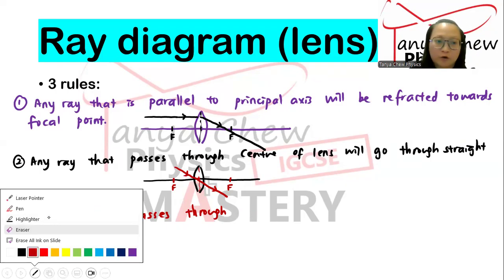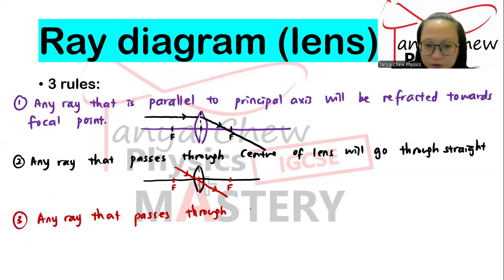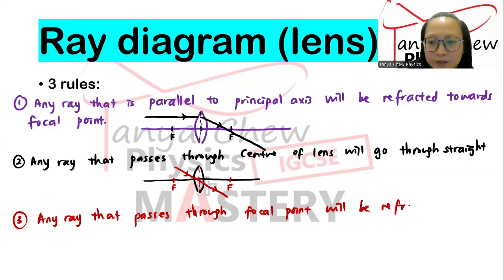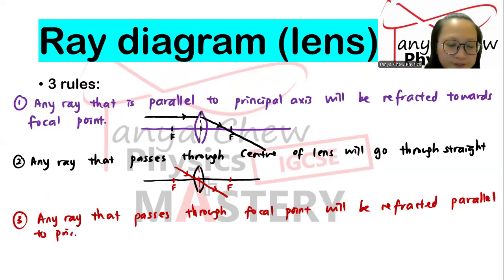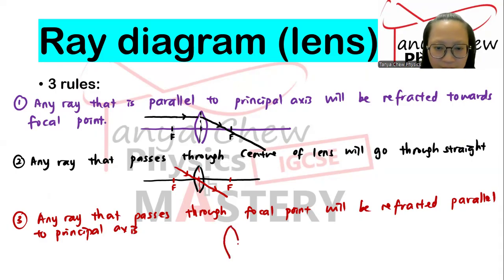There are two focal points, right? Pass through the first focal point before the lens, will be refracted parallel to the principal axis. Okay, I'm going to draw that out like this.